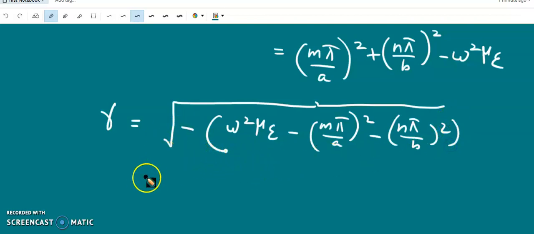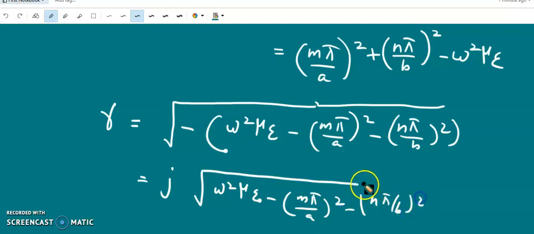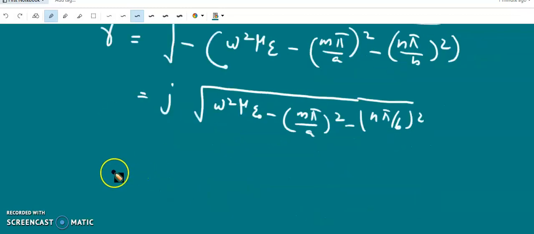So root of minus 1 is j into root of omega square mu epsilon minus m pi by a whole square minus n pi by b whole square. And for propagating mode, we know that gamma is j beta, alpha is 0. Comparing those two equations, we can get beta is equal to root of omega square mu epsilon minus m pi by a whole square minus n pi by b whole square.